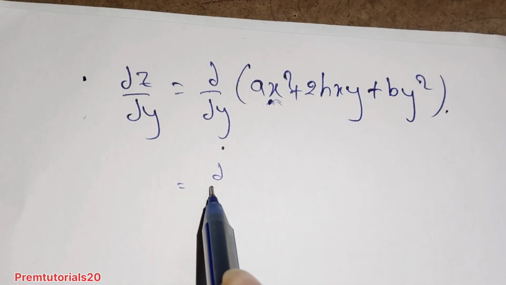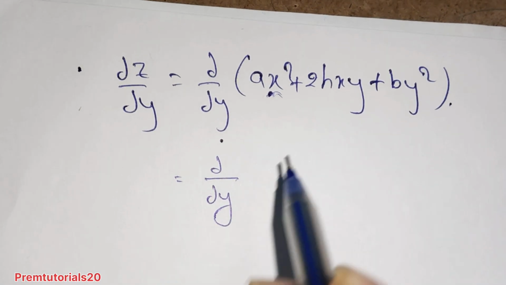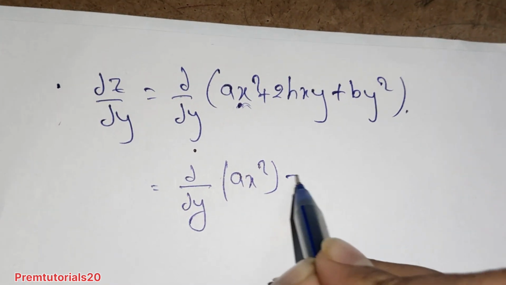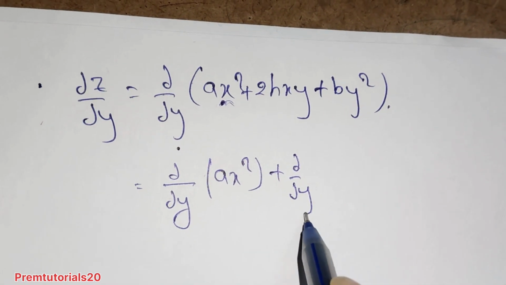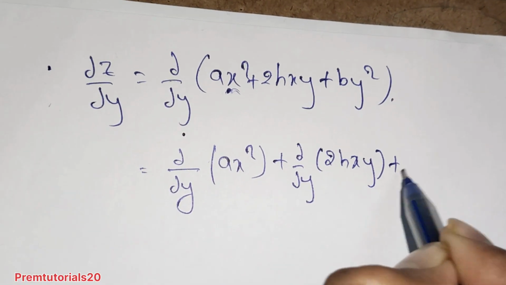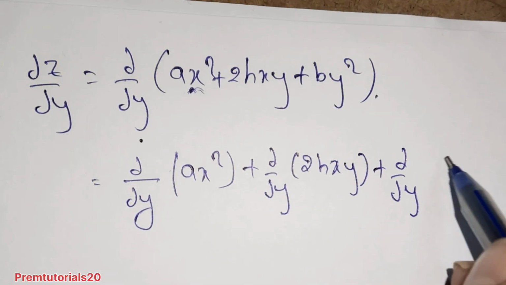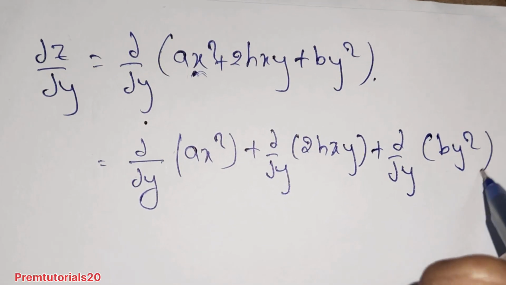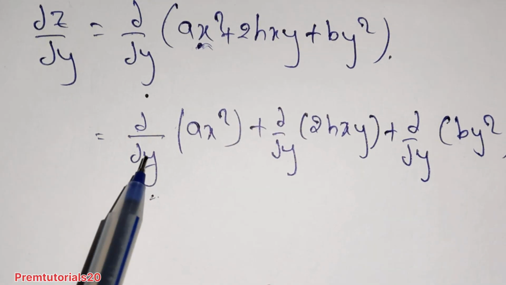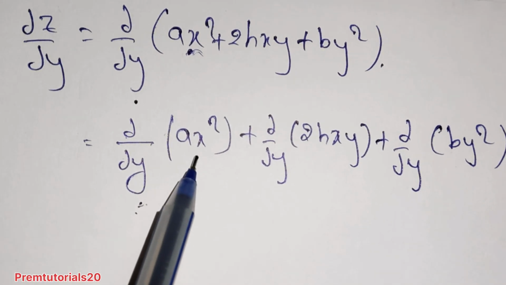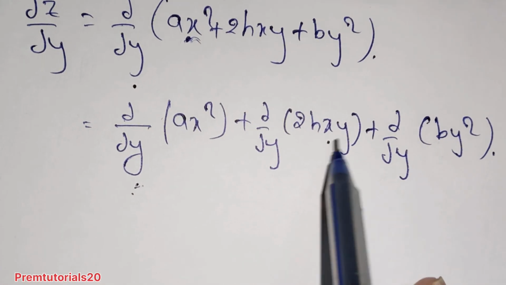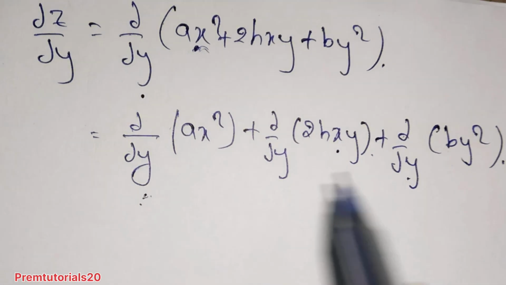It's time to substitute the formula: dou by dou y of ax square plus dou by dou y of 2hxy plus dou by dou y of by square.